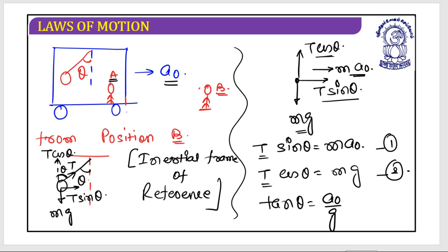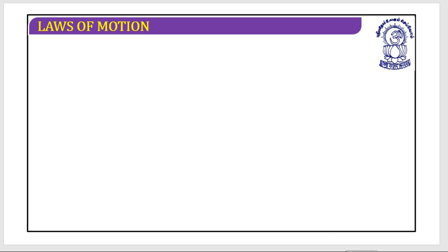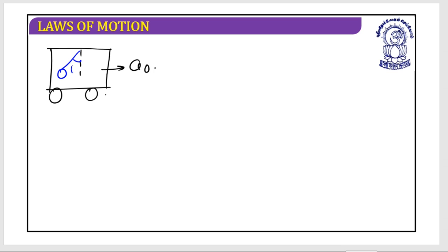Now let's look at the situation from position A. The situation is that this is the car, moving with acceleration a naught. This was the initial situation of the pendulum, and this is the final situation. This is theta, and you yourself are traveling in this car.